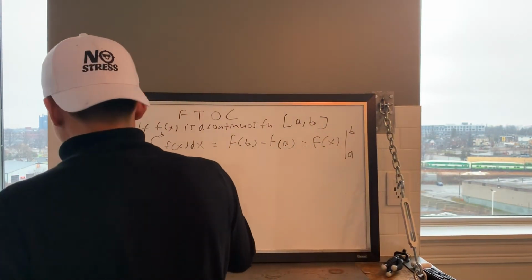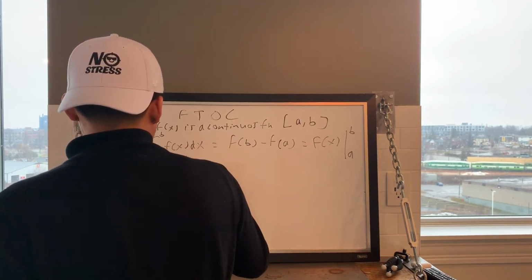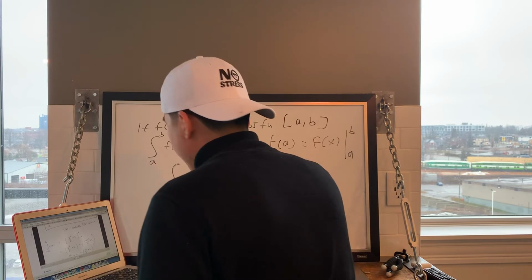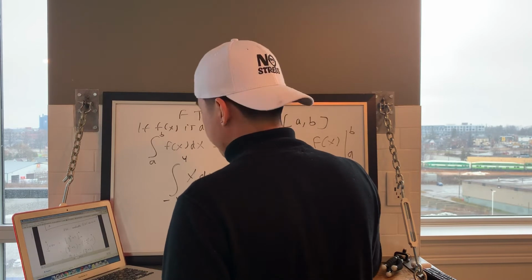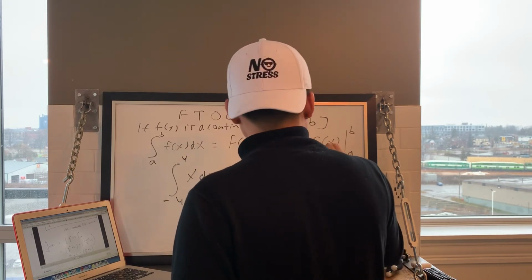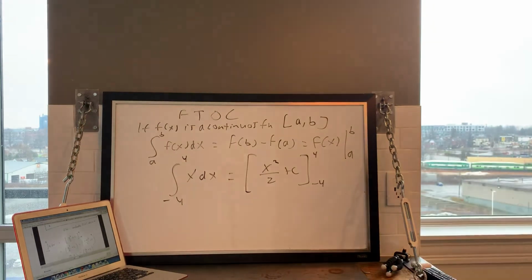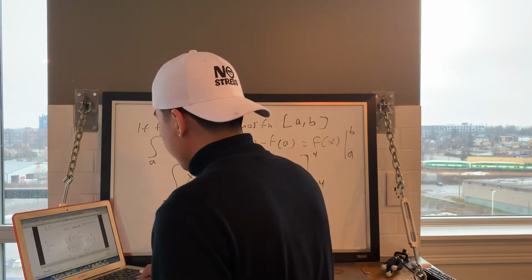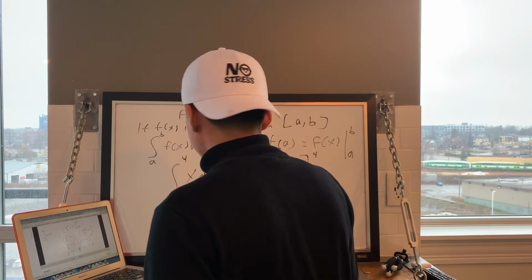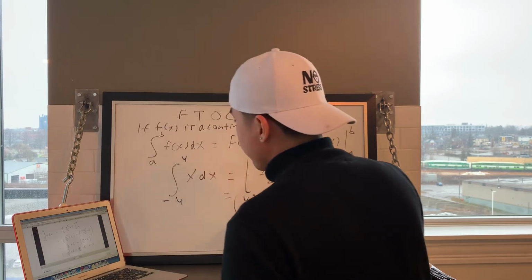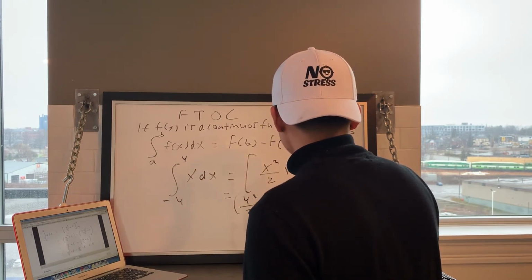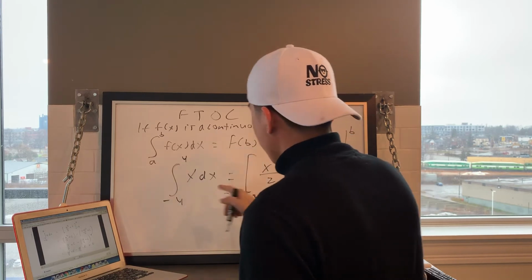So going back to our previous example, if we have minus 4 to 4 of x dx, right? Now after we integrated, notice that we've integrated already. You don't have to do that, so there's no integral sign anymore. What you do is you sub in certain values now, right? You go 4 squared over 2 plus c, which is f of b, sorry, minus minus 4 squared over 2 plus c, which is f of a.